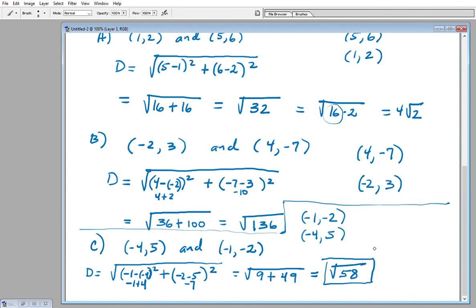This section, 2.1, basically just has two formulas in it, distance formula and midpoint formula. So I'd like to do the midpoint as well. So I'm going to erase this, and we'll do one last formula.